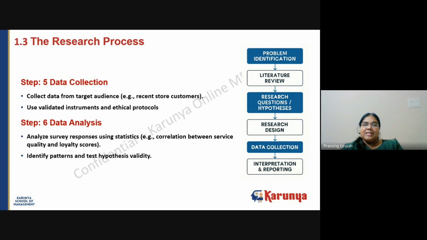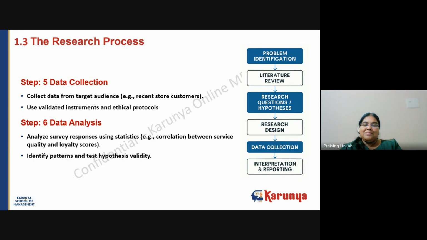Using statistics like regression analysis, the store can examine the correlations, or the relationship between one variable and another, and how changes in one factor relate to another.